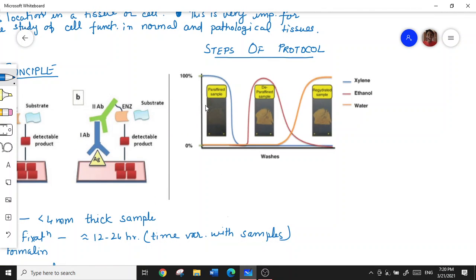In xylene, sorry, this is a paraffin sample. The sample is coated with paraffin to make it hard. Then after section cutting, it remains in xylene, and the xylene concentration is reduced, then it is brought into ethanol.